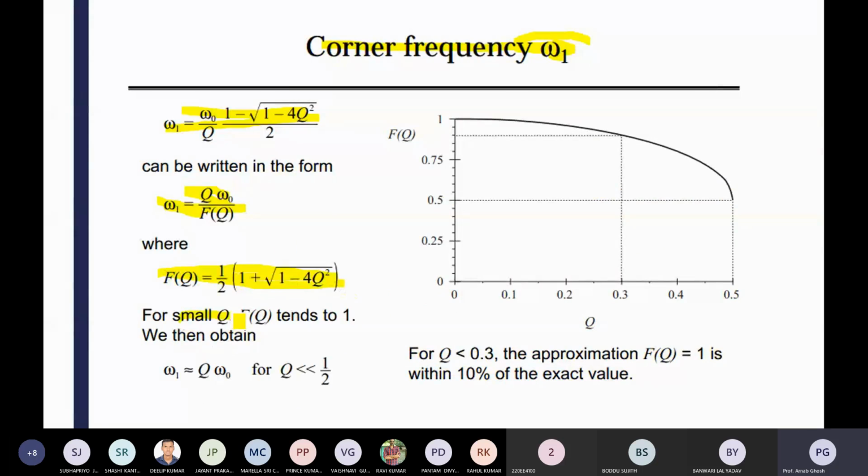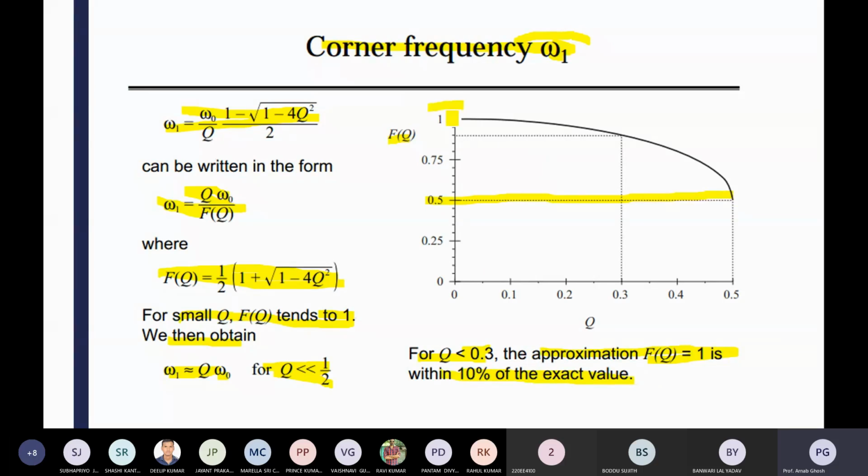For small q, fq tends to 1, and then we obtain omega 1 equals q omega 0 for q very much less than 1 by 2. For q less than 0.3, the approximation fq equal to 1 is within 10% of the exact value. The same applies at 0.5 up to 1.